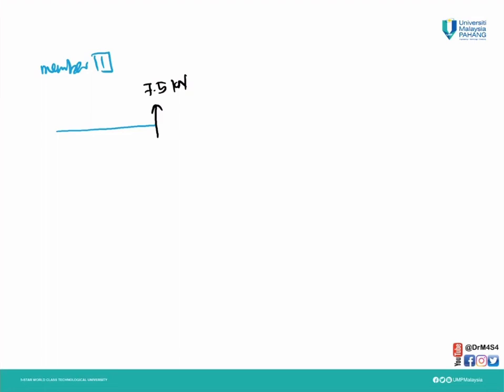Check back direction for 3, that is anti-clockwise for positive, but we get here is negative 45, so direction is this way with magnitude 45 kilonewton meter.